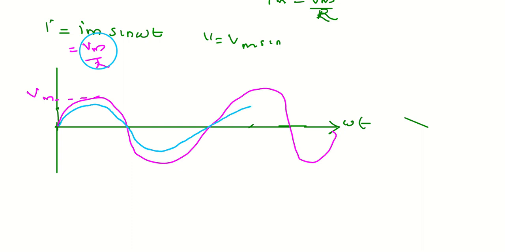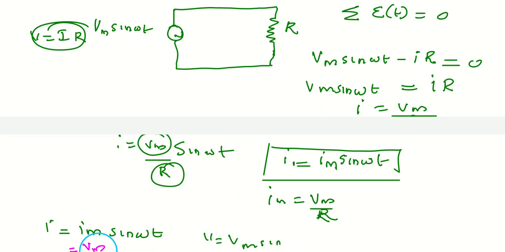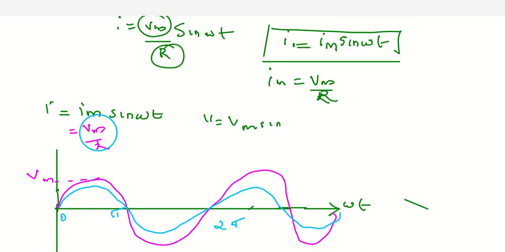The phase is same, but the amplitude is decreased by R. Sin 0 is 0, sin pi is 0, sin 2 pi is 0, like that it is going. So for AC applied through a resistor, I is equal to Im sin omega t.